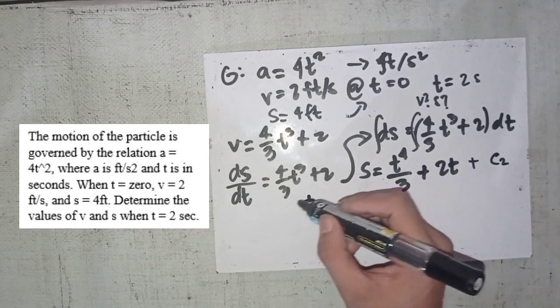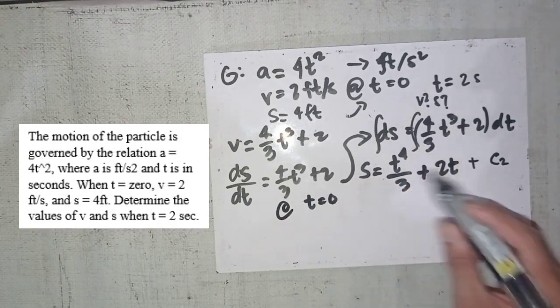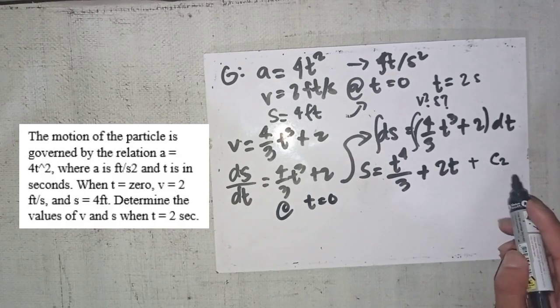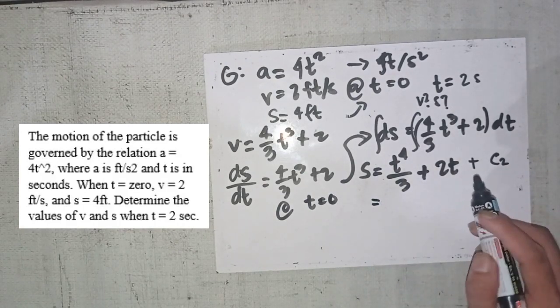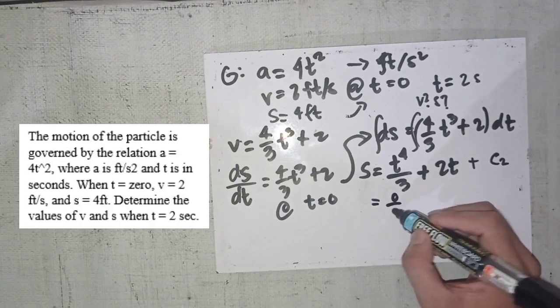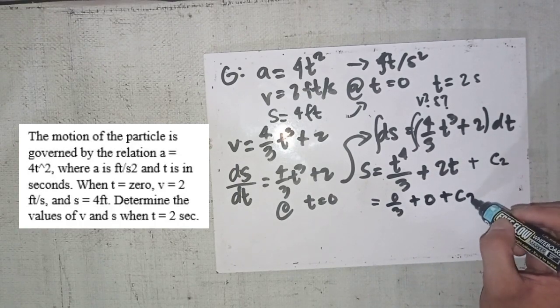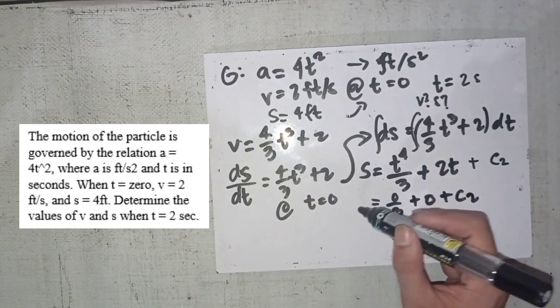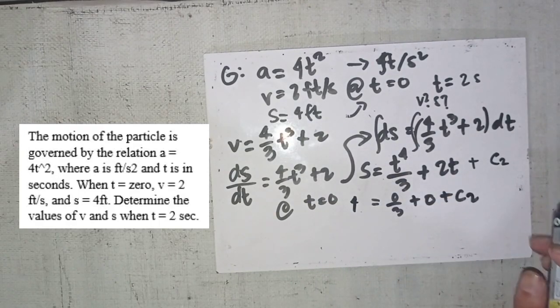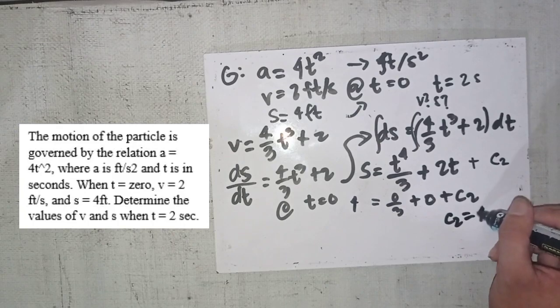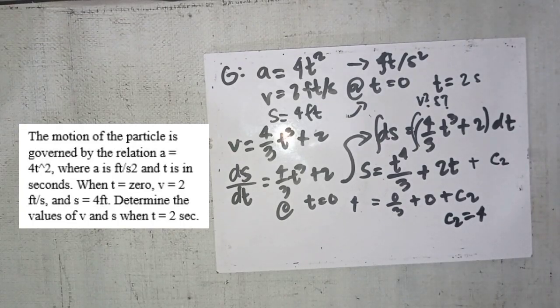So at time 0, to get the arbitrary constant, s is equal to 0 over 3 plus 0 plus c2, and we are given 4 feet here, so our arbitrary constant c2 will be equal to 4.